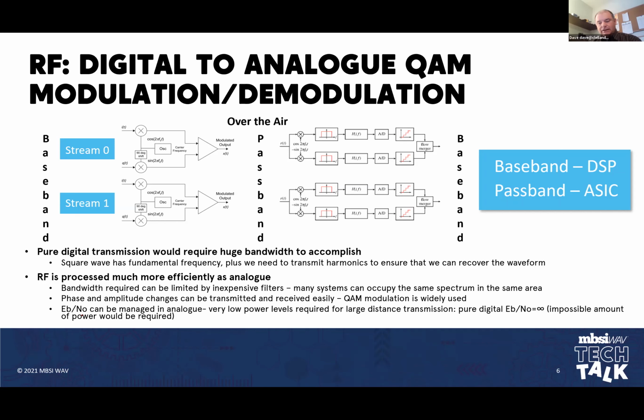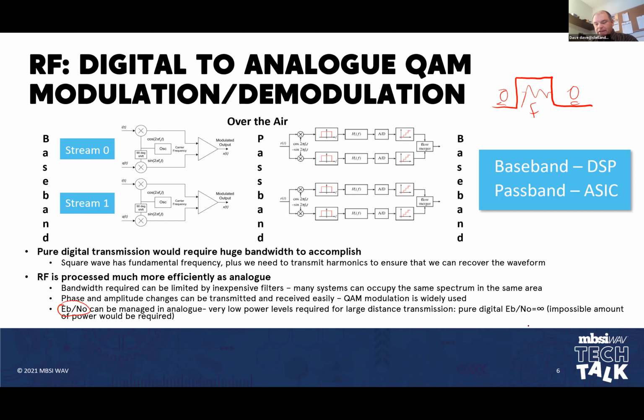This is the deal. Also, one more thing is that when I have my square wave like this, if I were to pass pure digital RF over the air, so I have RF on, RF off here in this case, my power level over the air is 0, then my power level is full, and then my power level again is 0. And so this signal over noise then becomes a wildly infinite number.